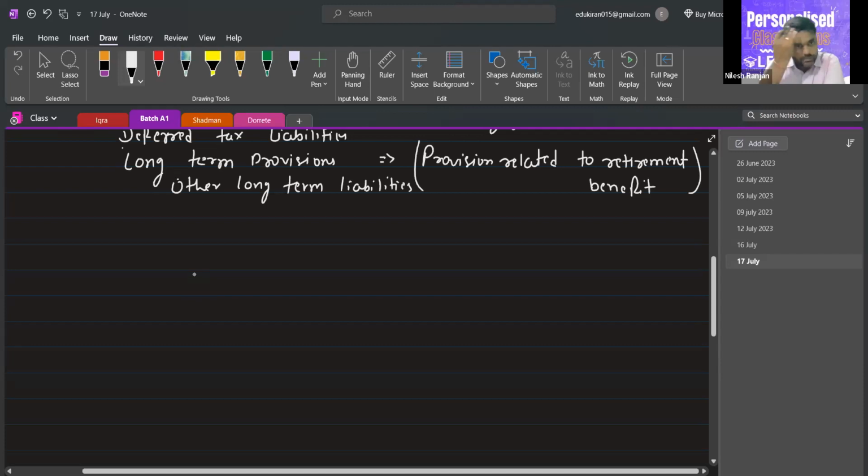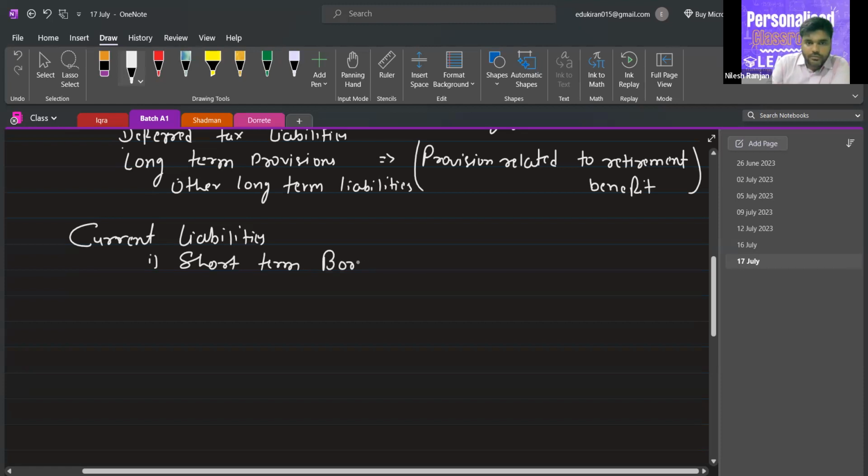Now, long-term provisions we understood. After that, we have current liabilities. And in current liabilities, the first item is short-term borrowing. Now, these are also loan, but these are short-term in nature.